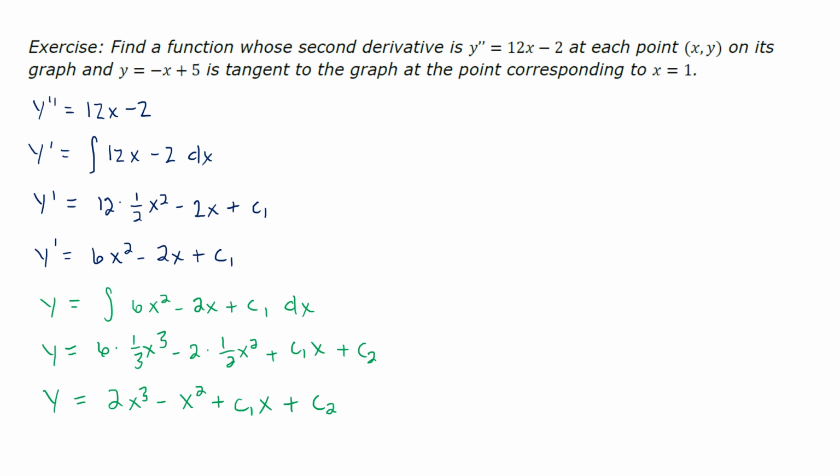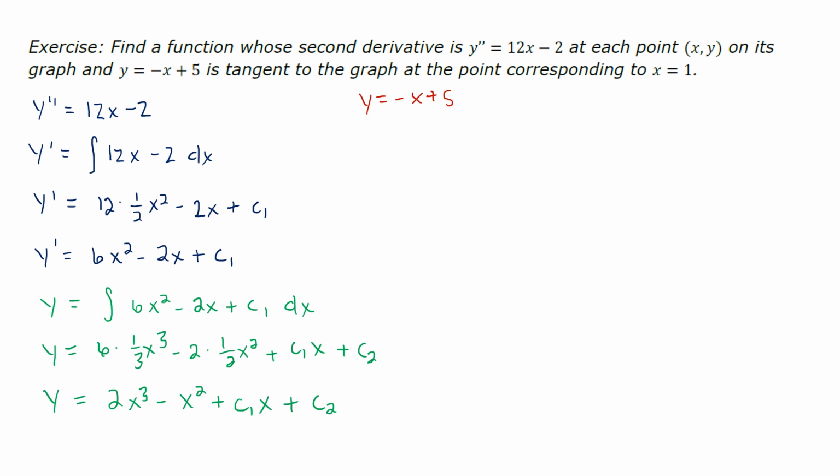Okay, so we know, and let's just write this out, we know that y equals minus x plus 5. So at the corresponding x coordinate, x equals 1, we can find the corresponding y coordinate, which would get us the point at which the tangent is attached to our graph.